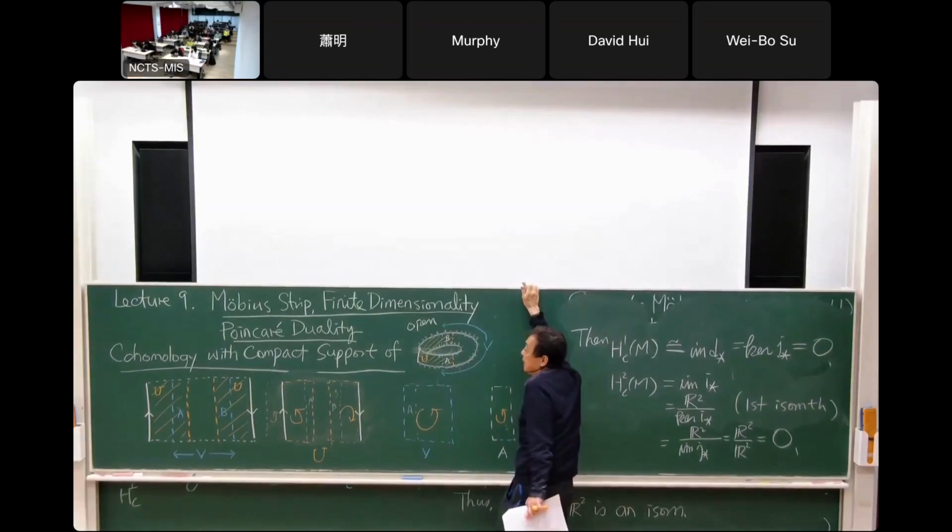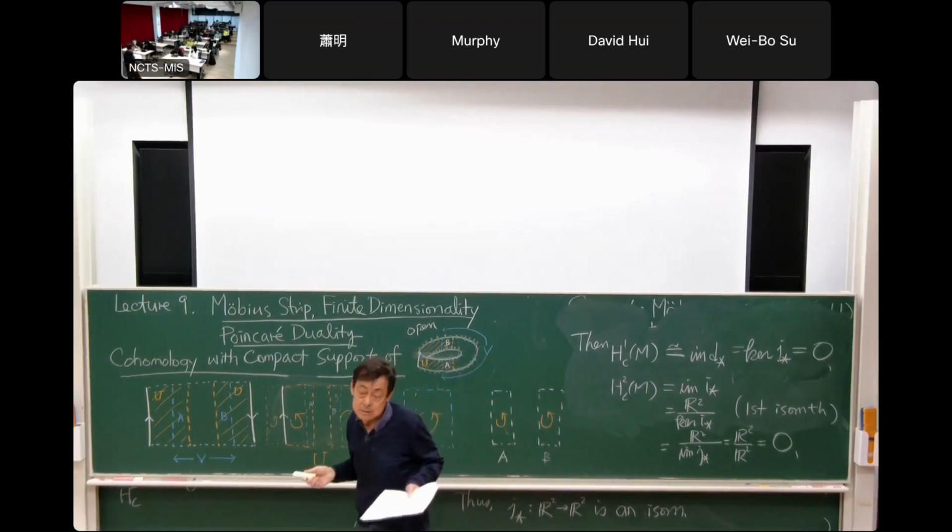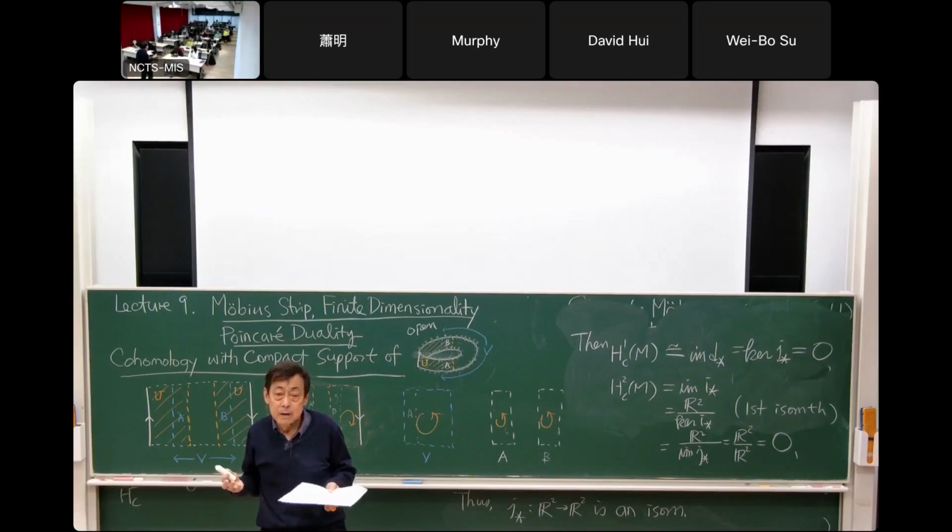Okay, so the ordinary cohomology of, say, a surface might be infinite dimensional, right? Can you think of an example? What would be a surface whose H1 is infinite dimensional? Now in the homework, you did the cohomology of a multiply punctured plane.